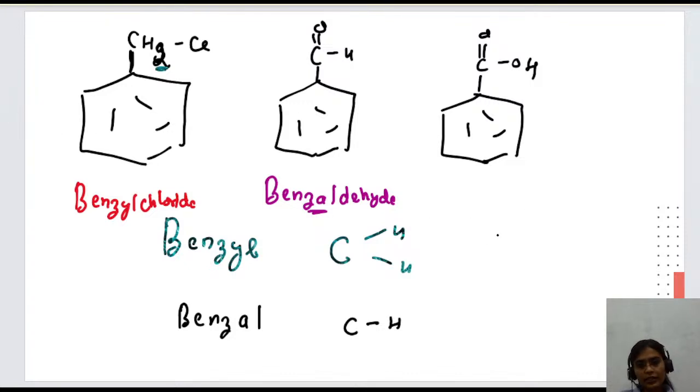And in this case, if the carbon is connected with zero hydrogen, what does it become? It becomes benzo. So this is how benzyl and benzo differ. The name for this compound is benzoic acid.